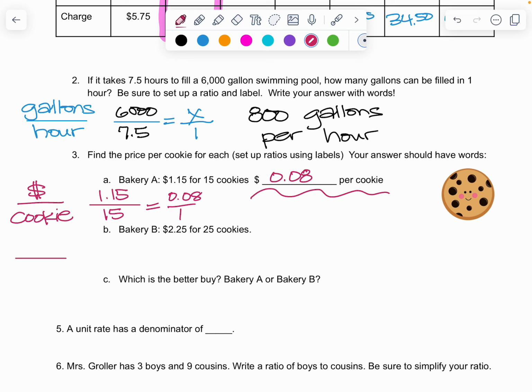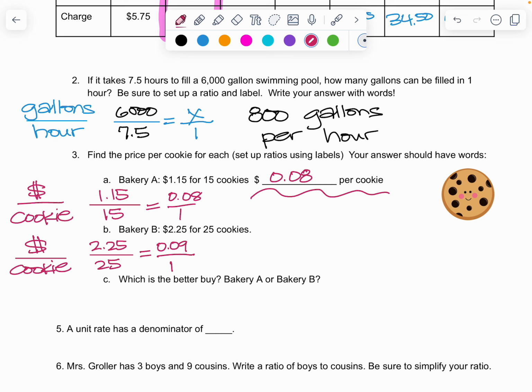Here we go. Still money per cookie. In this case, Bakery B is $2.25 for 25 cookies. These must be like miniature cookies. Maybe they're like little baby cookies, right? Go ahead and divide, because I want to know how much 1 cookie will be at Bakery B. If you divided, you should have gotten 0.09.